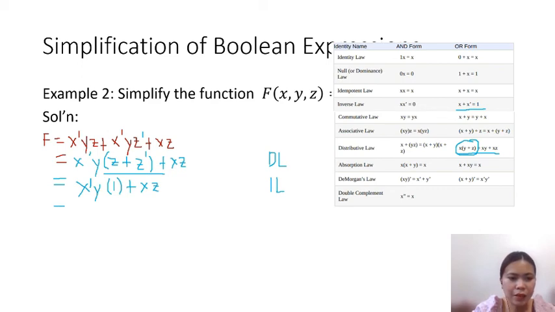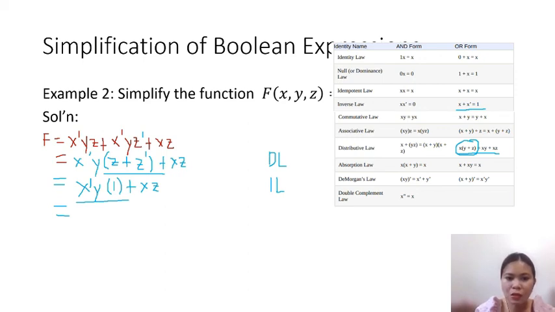Okay. Next, let's reduce not x y times 1. We can use here the identity law AND form. So, even though it's reversed, they have the same value. Or if you want your simplification more detailed, maybe you can use first the commutative law.